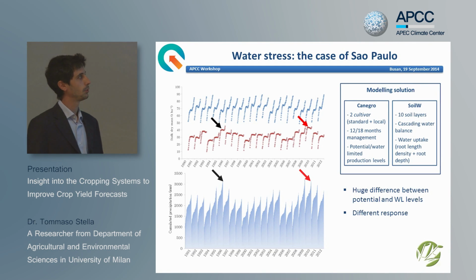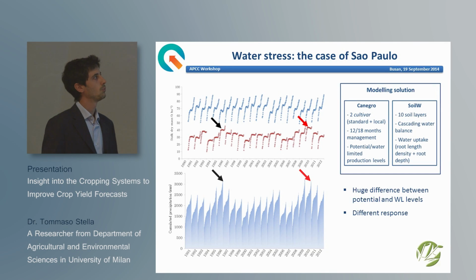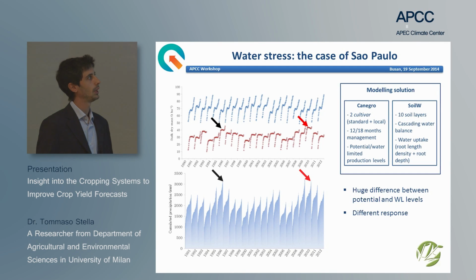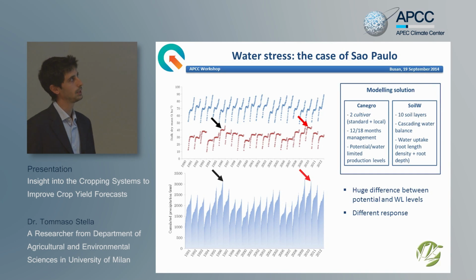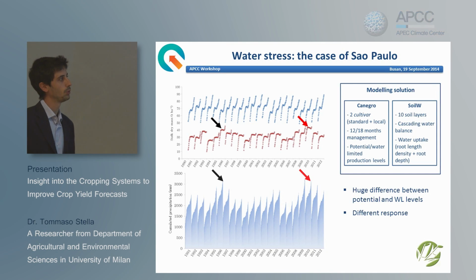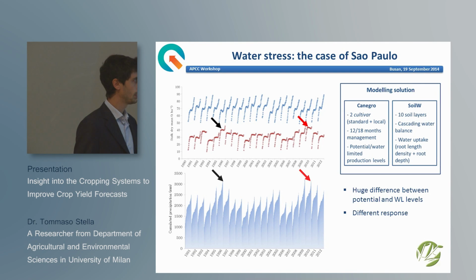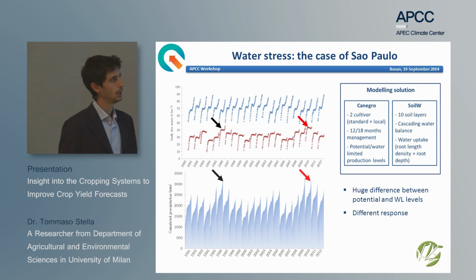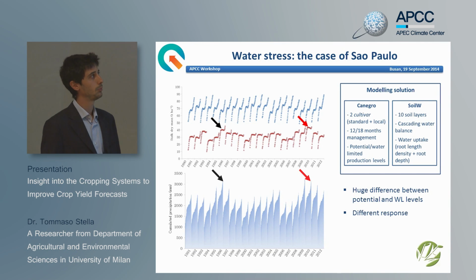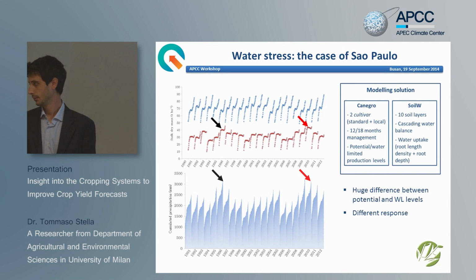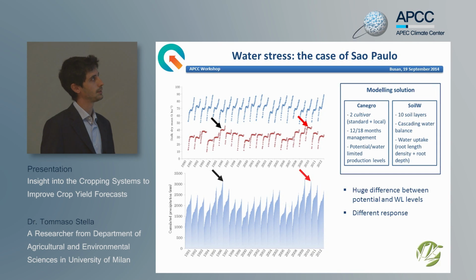For example, in these two particular years, 1996 and 2010, we can see that water-limited production are among the highest production in the whole time series, whereas in potential condition, they are almost the least productive years. And this is due to the highest amount of precipitation in these two particular years, where probably the radiation was not as high as in other years.